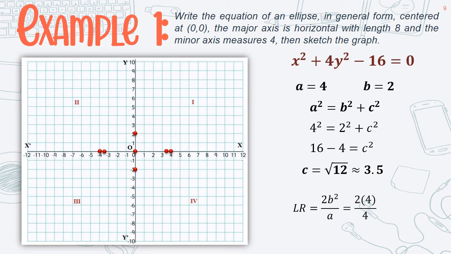So we will have 2 times 4 all over 4, or 8 over 4, which is equal to 2. Therefore, our latus rectum measures 2 units. So we have to count 1 unit upward and downward from our focus. So there we have the endpoints of our latus rectum.